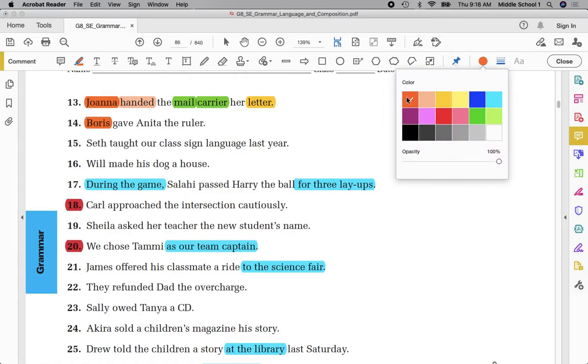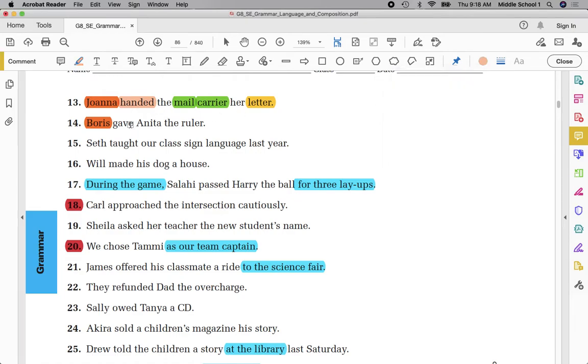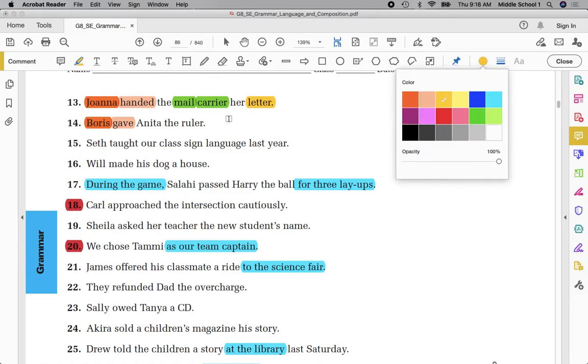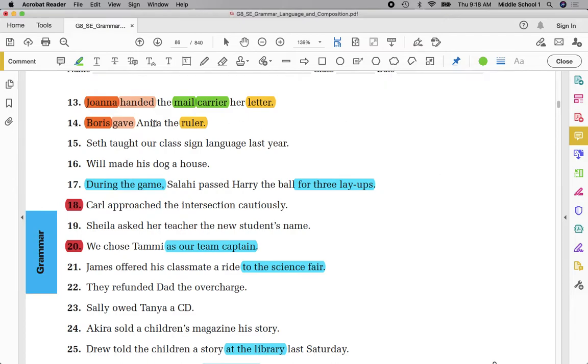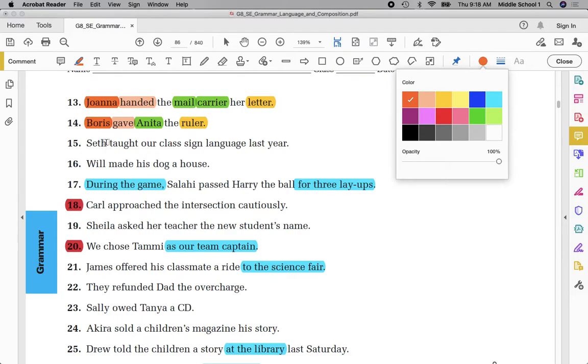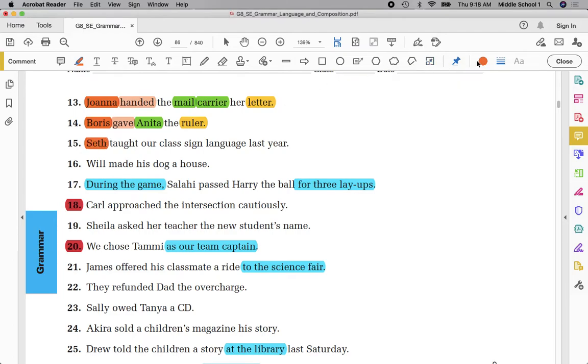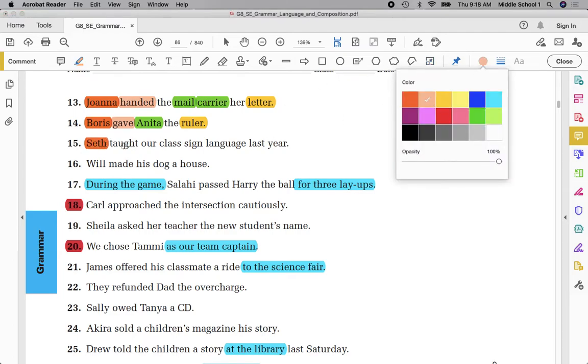Boris. What did Boris do? Boris gave. What did Boris give? He gave the ruler. To whom or for whom? Anita. Seth. What did Seth do? Seth taught.